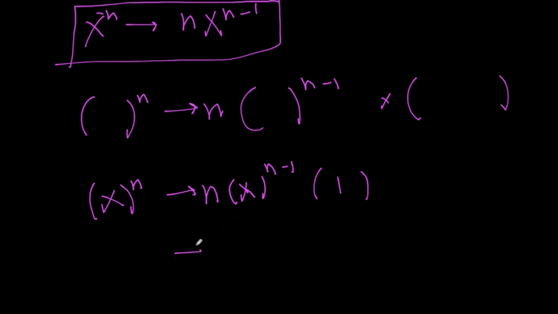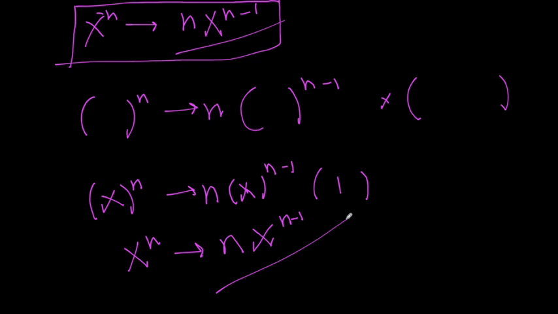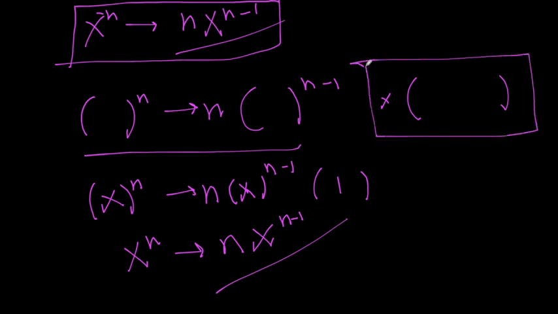So that's why you get the same thing. You can see we have got the same thing: x to the power n has differentiation n x to the power n minus 1, and here we have got the same thing using the bracket. That's why I'm saying you always have to think about the bracket, and in the end you have to multiply by the differentiation of the bracket.